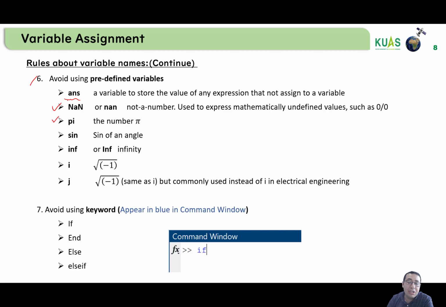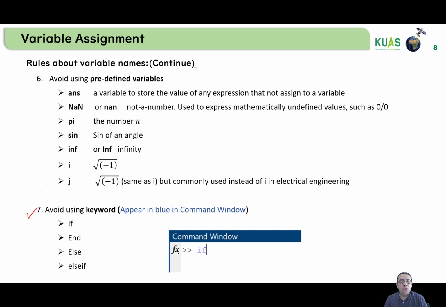Or, do you remember in the first lecture we took several functions in MATLAB, like pi or sine, etc. Please don't use them. And also Inf for infinity, don't use. And also i and j, because these are the imaginary number, please avoid using them.